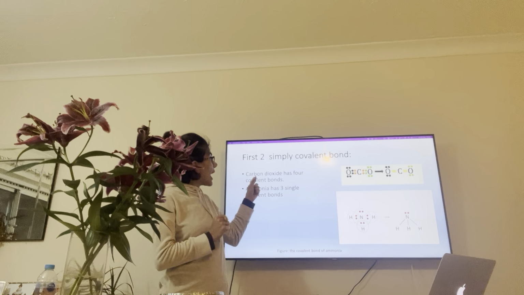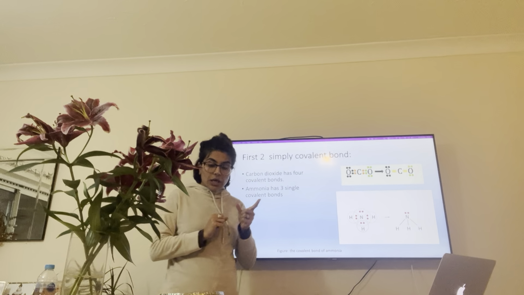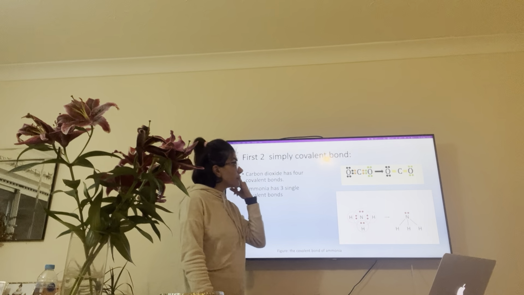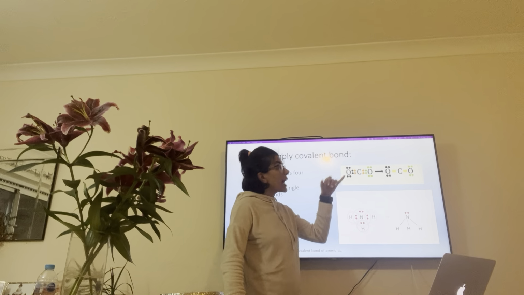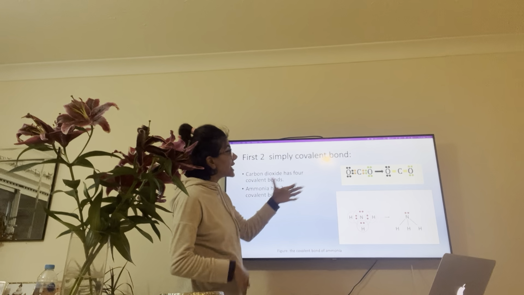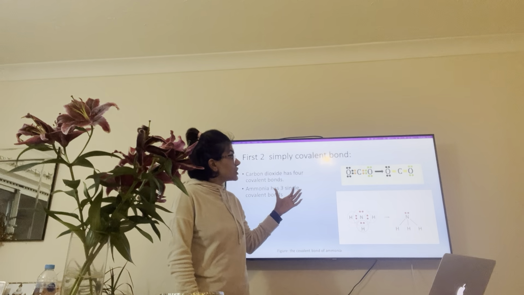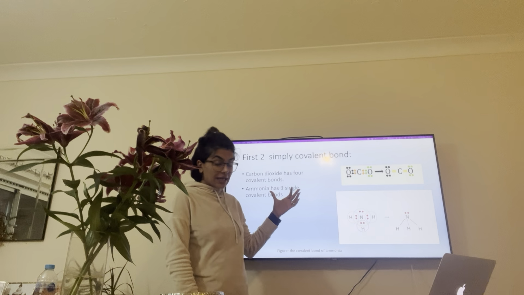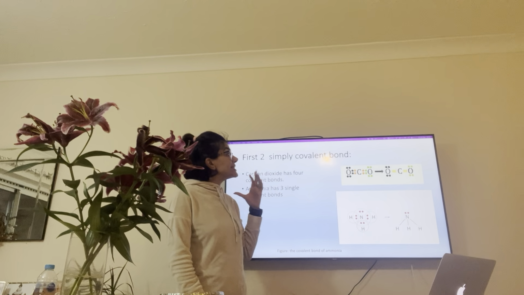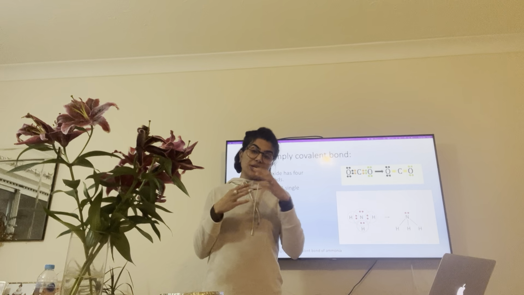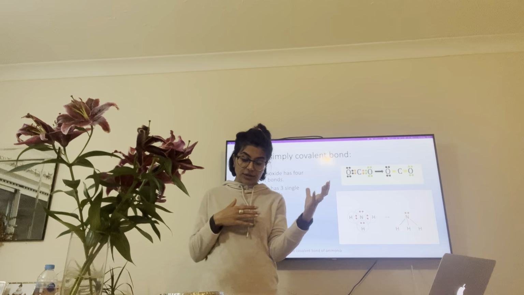The atomic number of carbon is 6, so 4 electrons live in its outer shell, and the atomic number of oxygen is 8, while 6 electrons are present in the outer shell.